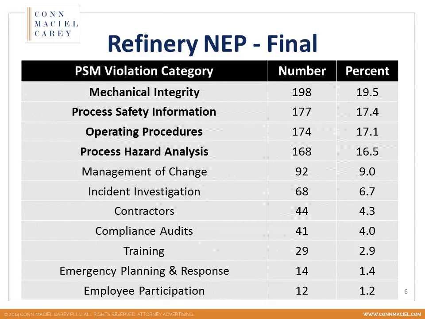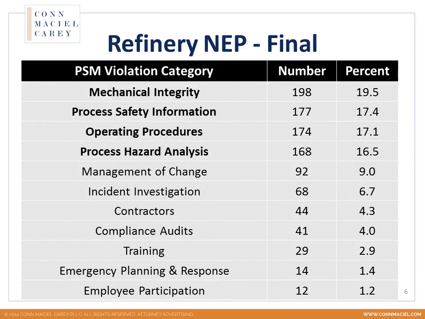Process safety information was the next big category of violations there. This is your collection of data and information regarding the process, the chemicals in the process, the equipment in the process, your safe operating limits, intended inventories, codes and design standards to which equipment and the process was designed.